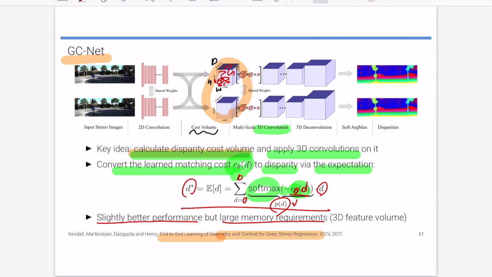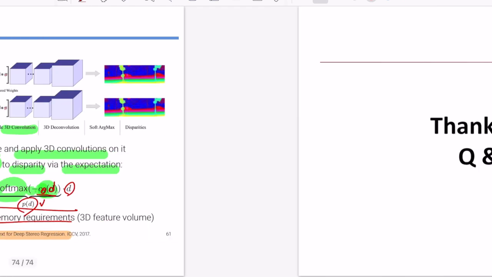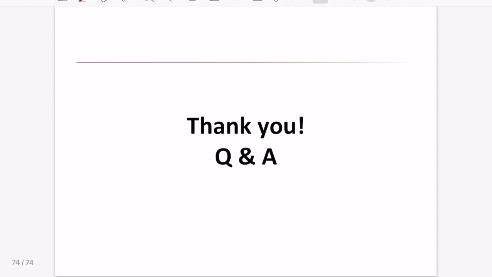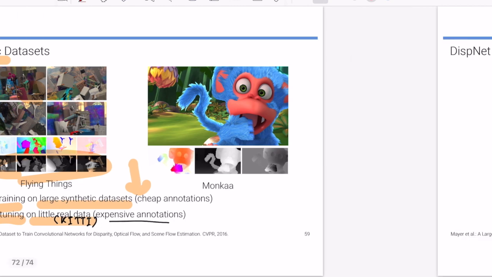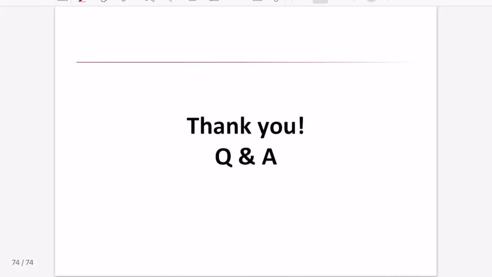Anyway, after these papers, there have been so many kinds of revolution in the stereo matching pipeline, but let's stop here. If you are interested, please check KITTI or such a synthetic dataset website to look at the more recent ones. Okay, all right, so this is the end of this lecture 4.